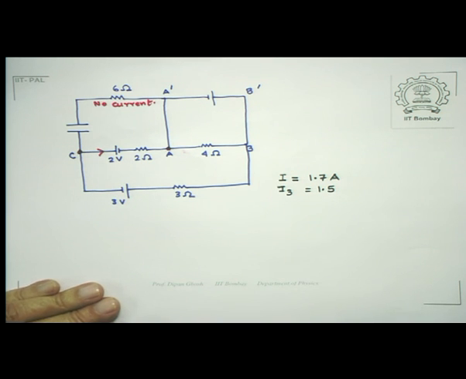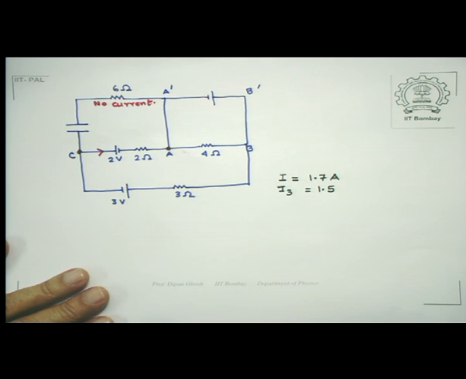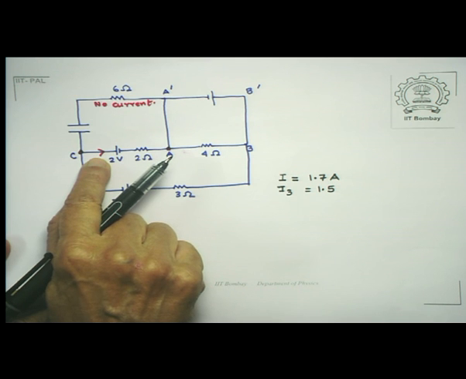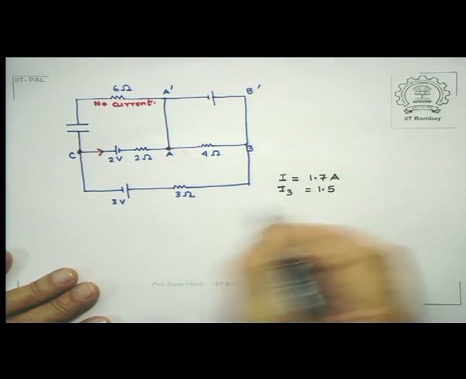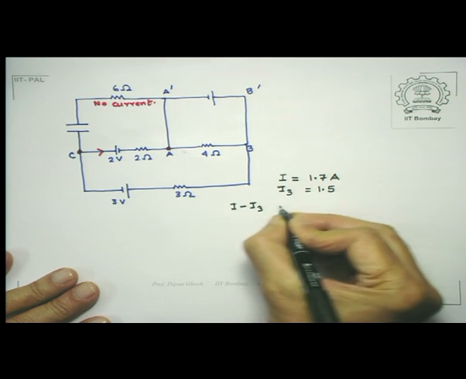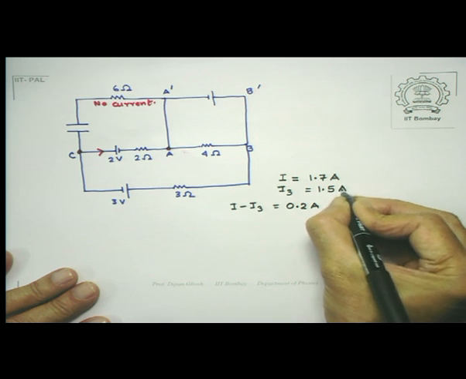So therefore, the current in this section A to C, which was I3 minus I, is actually minus 0.2. So I have shown it as the direction opposite to what I took. So in this section, I minus I3 amount of current, namely 0.2 ampere current is passing.